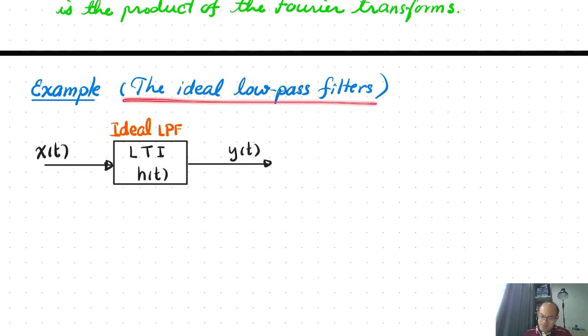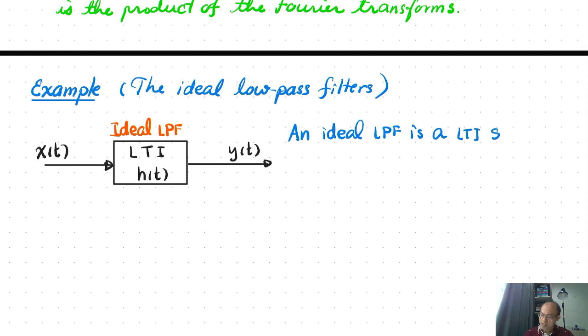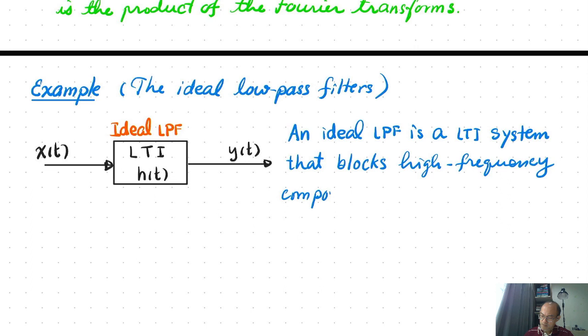Now, the ideal low pass filter, an ideal LPF, is a linear time invariant system that blocks high frequency components of the input signal from passing through.